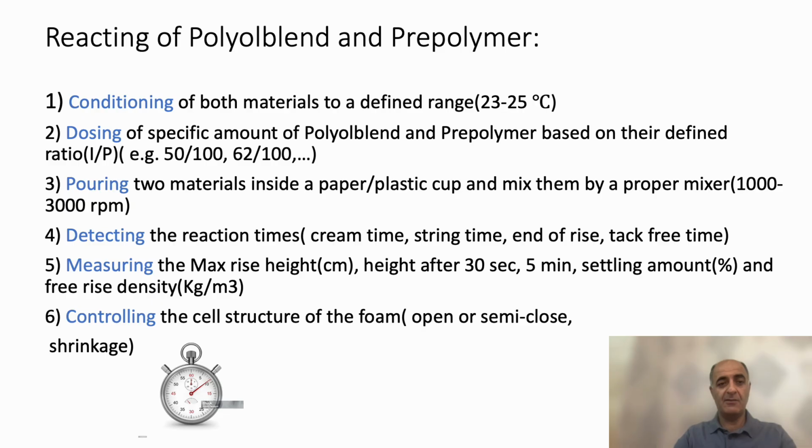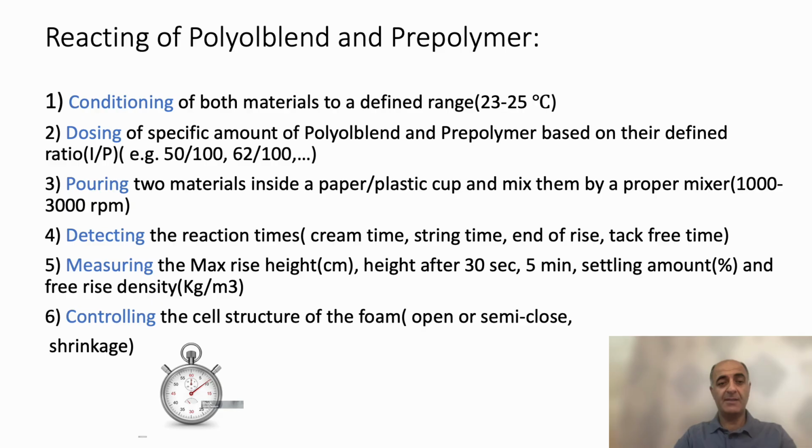Next, dosing of a specific amount of polyol blend and prepolymer based on the defined ratio that we have measured before. For example, 50 to 100 or 62 to 100 and so on. These ratios are calculated based on which index we are seeking to work with.